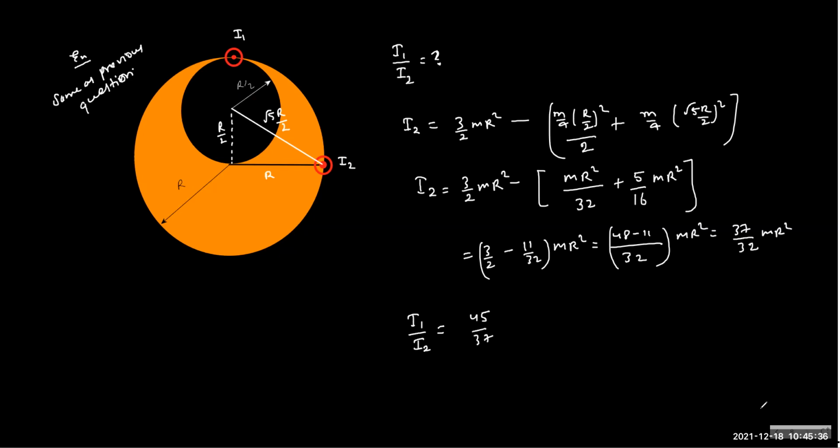I think this one, 45 by 37. Yes. So this is the question that you will also come across, again in JEE Advanced form only. I don't remember the exact value, but this is something, yeah.